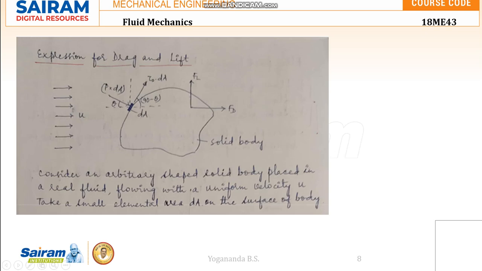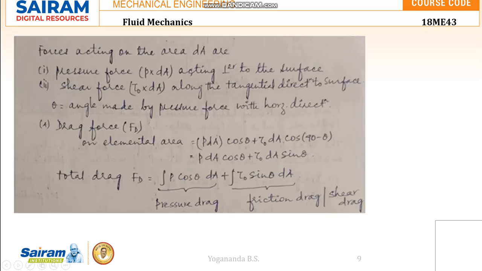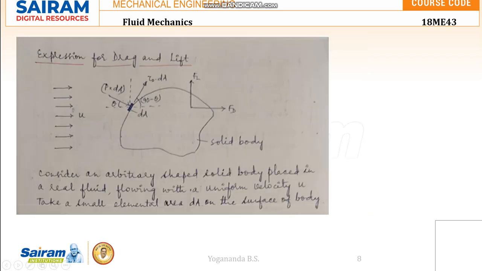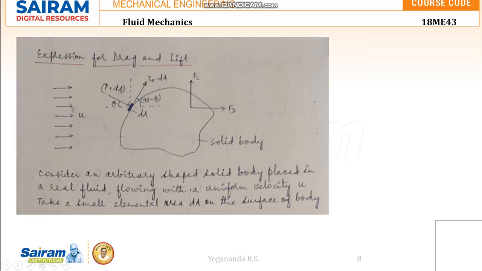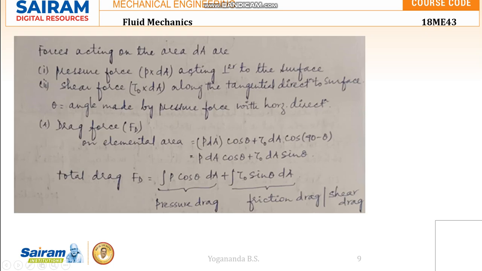So P dA cos theta, that is acting to the right, so it is having a plus sign here. And then the x component of this tau naught dA, so cos of 90 minus theta. That is also plus, because the x component of this force is going to the right side. So P dA cos theta plus tau naught cos of 90 minus theta, which is sin theta, dA.